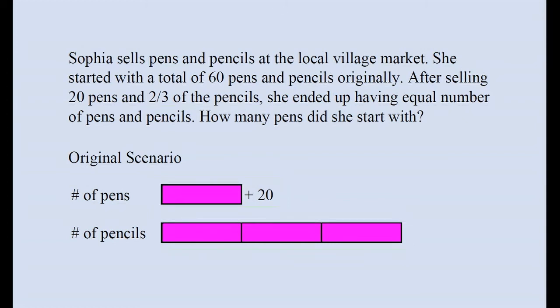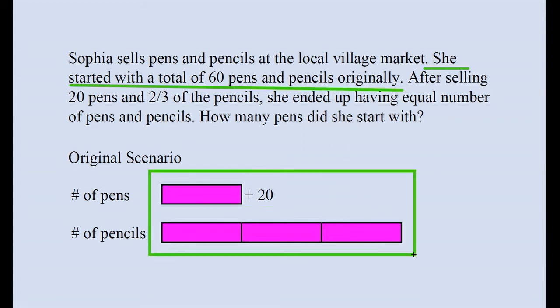Now, according to this sentence, she started with a total of 60 pens and pencils. I'm going to claim that all of this should add up to 60.